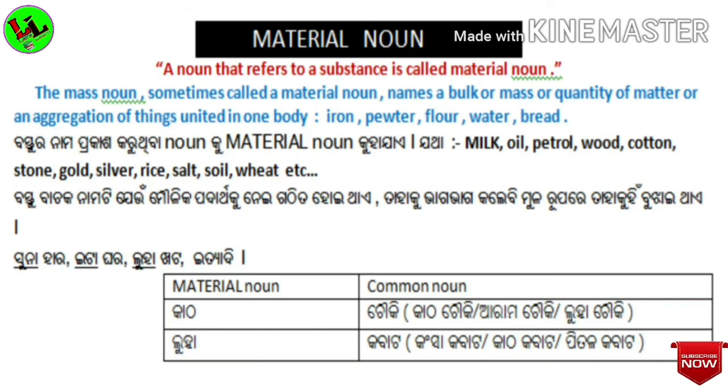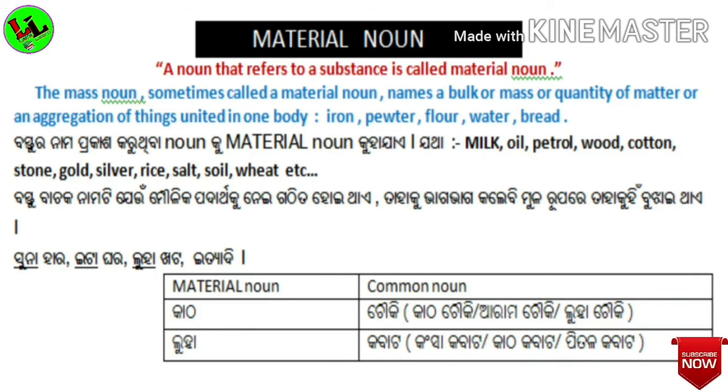And the table shows the difference between material noun and common noun. Now see, wood is the material noun, whereas a chair which is made from wood is common noun. Just like iron is the material noun and the door which is made of iron, that is common noun. Just like silver is the material noun and the bangles which are made of silver, that is common noun.